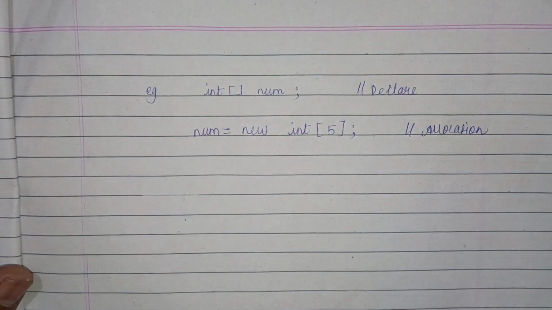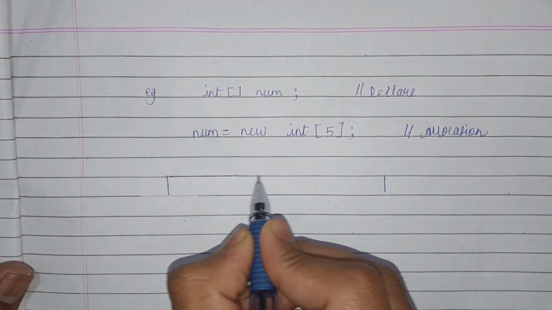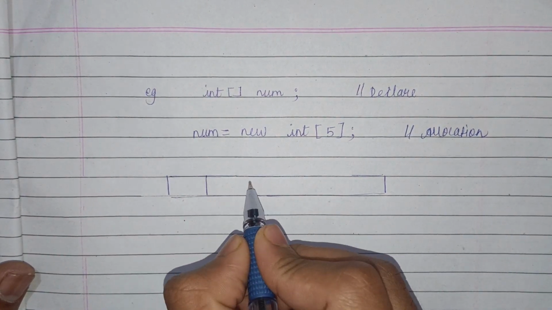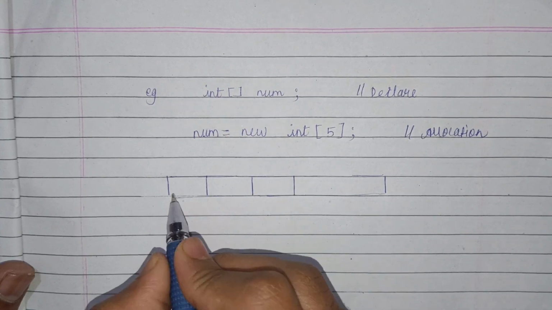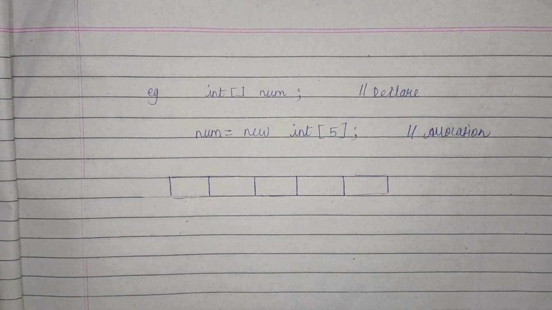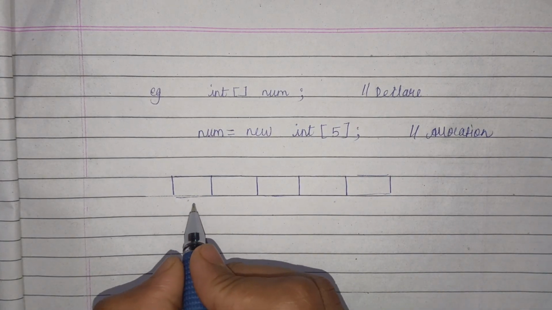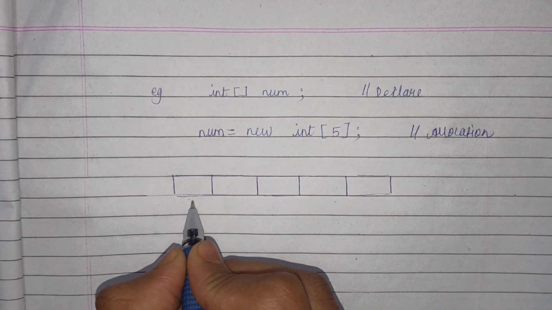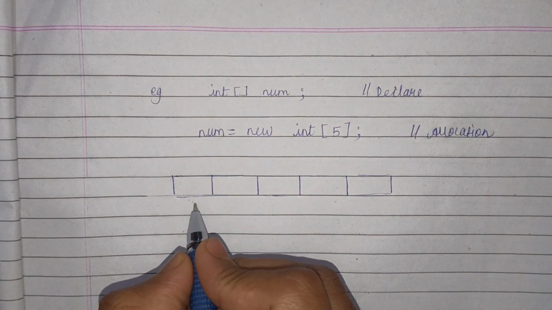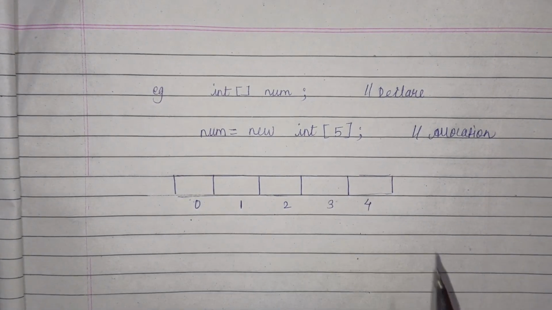So internally blocks will be created, like this type of blocks will be created, and the index of the array will start with 0: 0, 1, 2, 3, and 4.